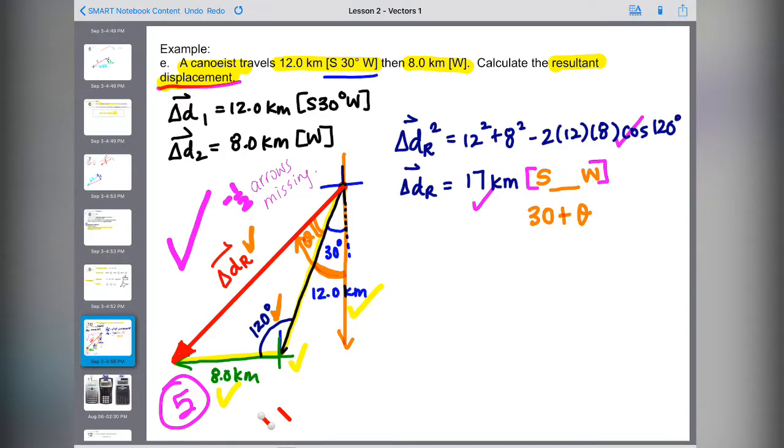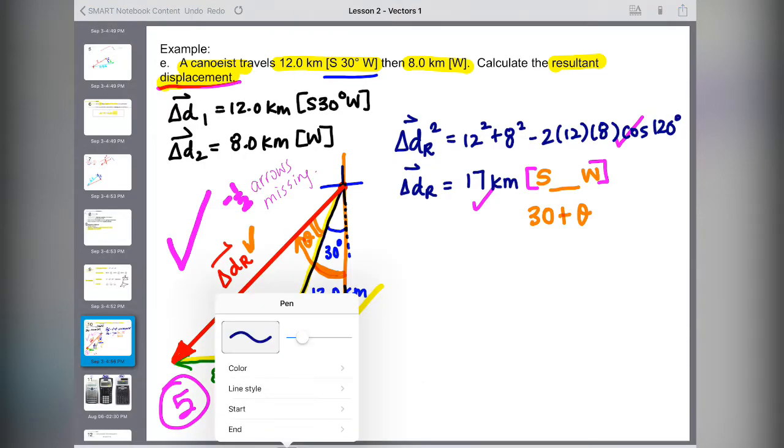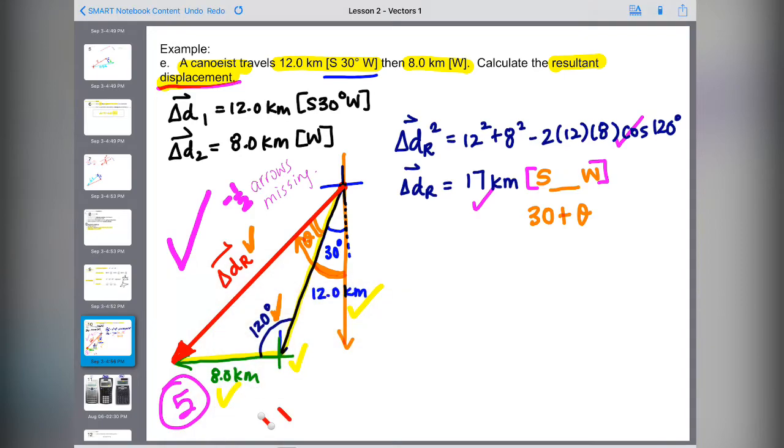Okay, so let's start solving for that. I know sine of 120 divided by delta dr. Instead of using 17, I'm actually going to use whatever is stored in my calculator. I need you to get used to knowing the ANS button.